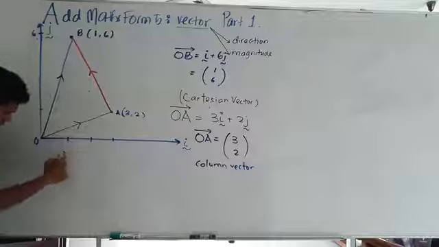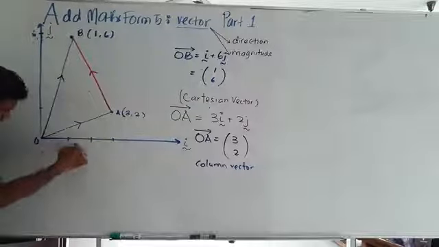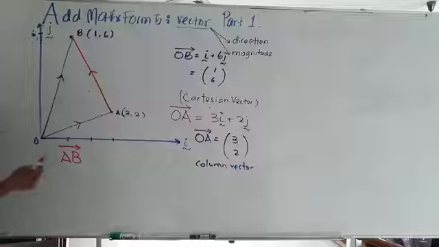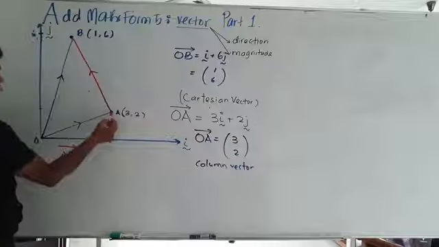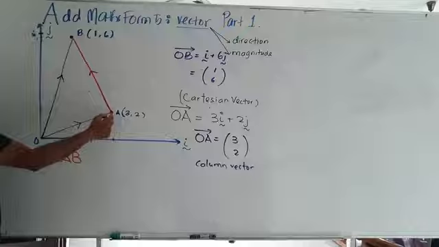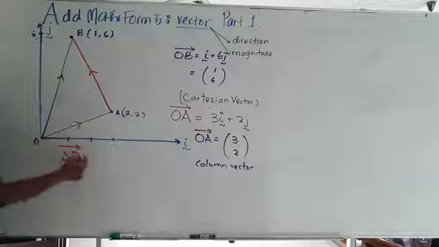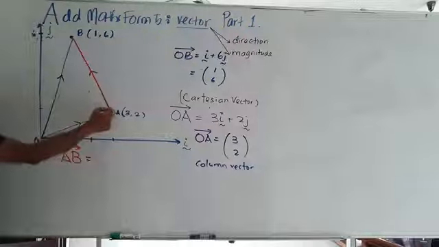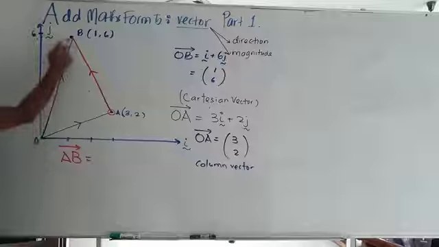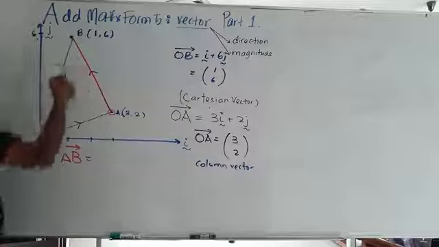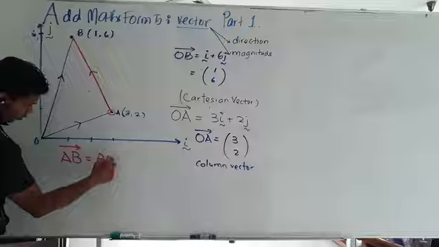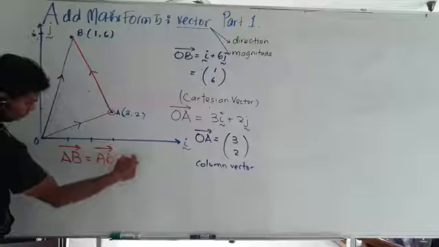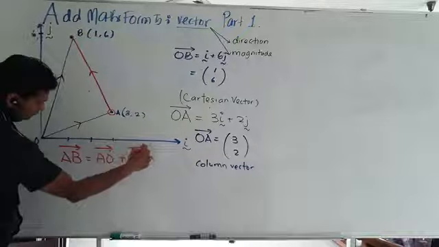I want to move from A to B, so my vector is AB. So what you do is you take the other part. A to B is this way. Let's take this part, A, O. Move this way. You start from here. A, O, O, B. Take the longer path: AO plus OB.